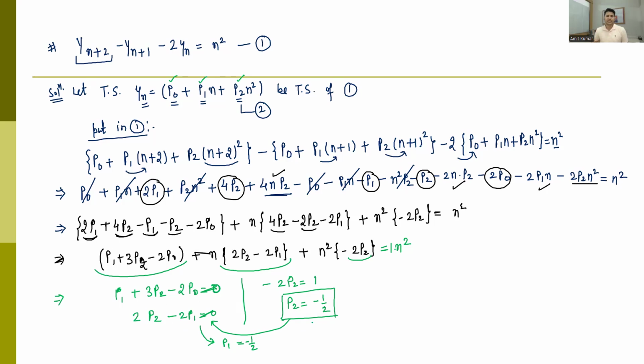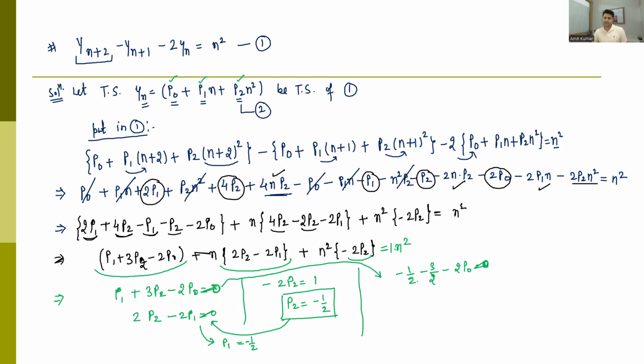Now P0 is still left. So put P1 and P2 in the first equation. If in this equation I put P1, P2, let us see what will happen. P1 is minus half plus 3 times P2, so minus into 3 by 2, and then minus twice of P0 is equal to 0.